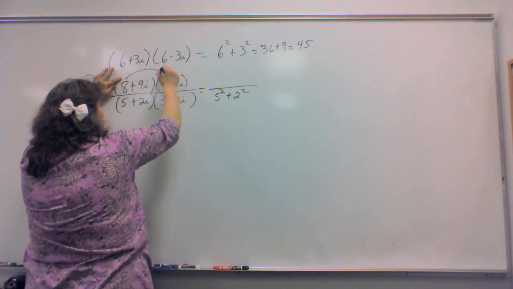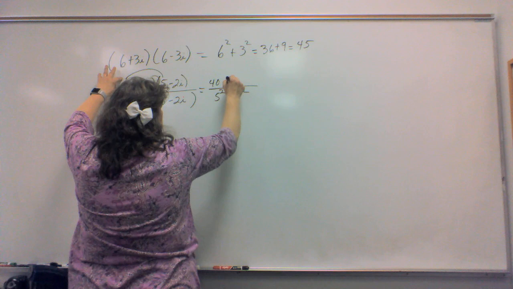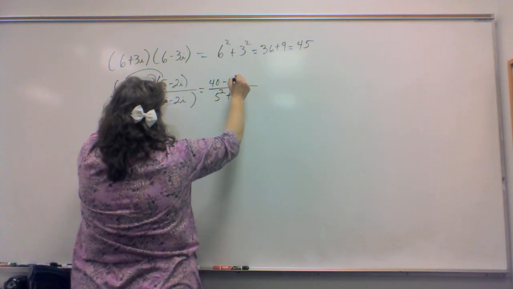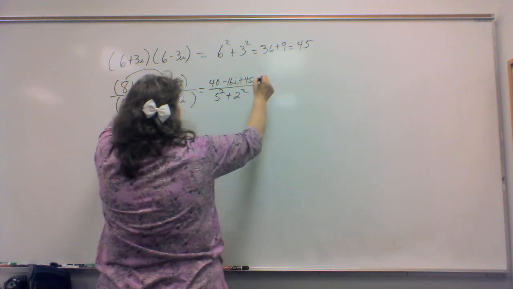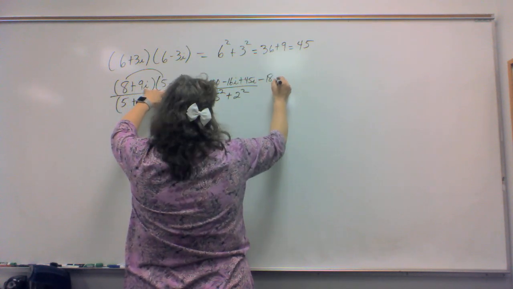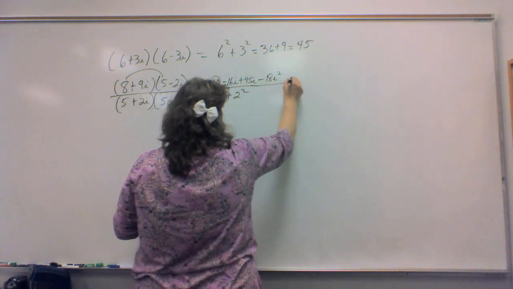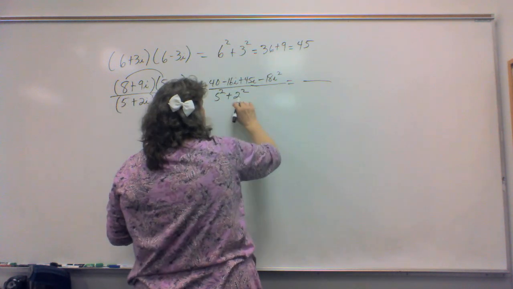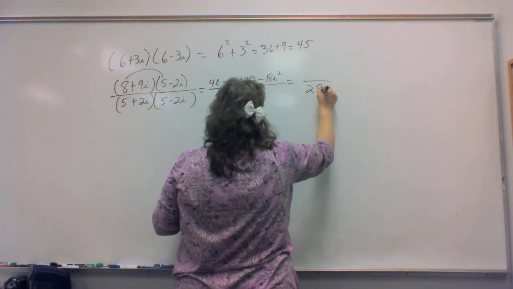The numerator is going to be 40 minus 16i plus 45i, and then minus 18i squared. Okay, so my denominator is 25 plus 4, which is 29.